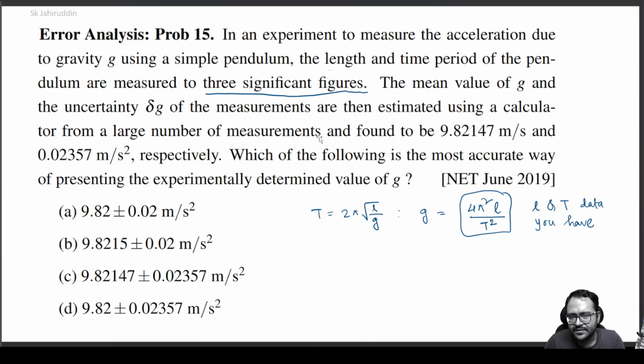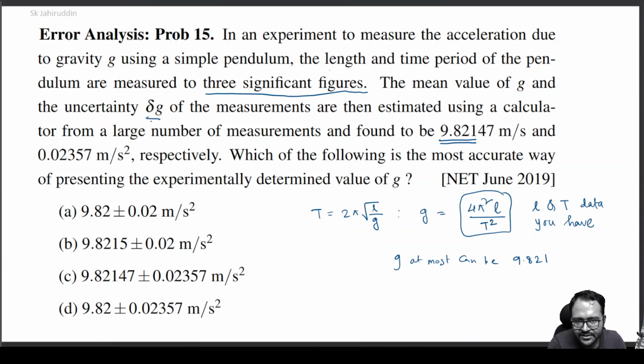So if now I use this data and using a calculator I get G as this, but this will not be a proper way to write, because your L and T you can measure only up to 3 significant figures. So at most your G could be 3 significant figures. So G at most can be 9.821.